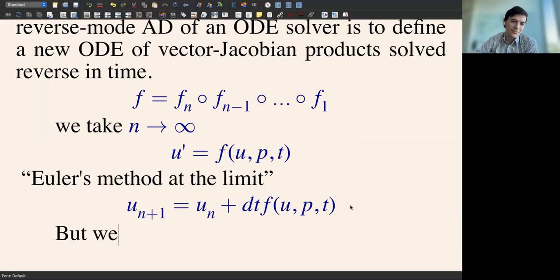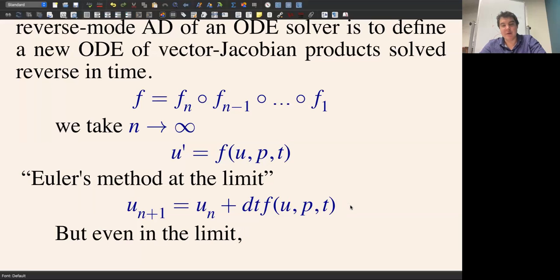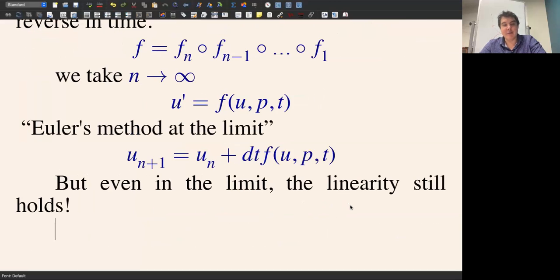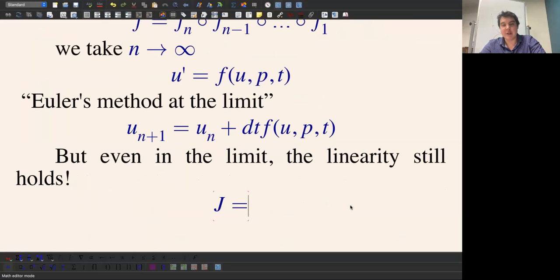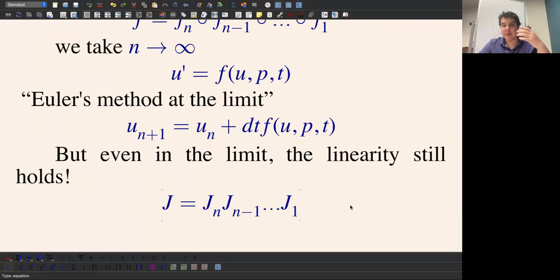But even in the limit, the linearity still holds, right? And where does the linearity come into play? Well, the linearity is the fact that J equals J_{n-1} ... J_1, right? The reason for this decomposition of operators, the fact that you can multiply all the Jacobians, is equivalent to the linearity property of the derivative, right?